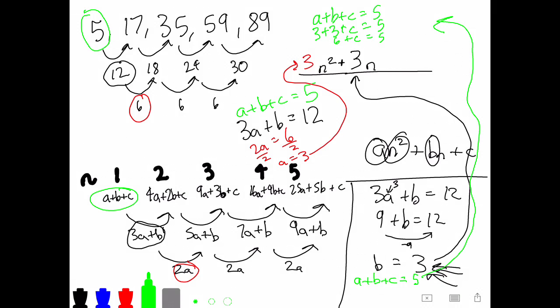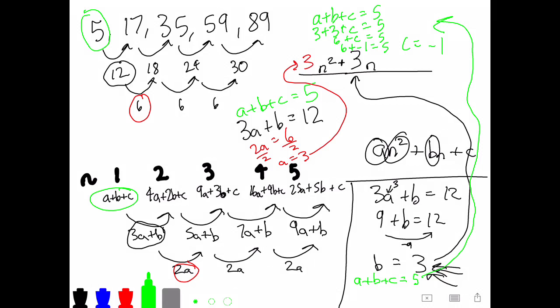But how could 6 plus c be 5? If 6 plus a positive number would give you a higher number. Well, this is because we're adding a negative number. And so c would be negative 1. Remember that when you add a negative number, you're actually taking away. So 6 plus negative 1 would give you 5. And therefore, c equals negative 1.